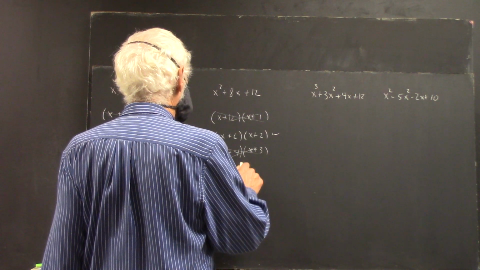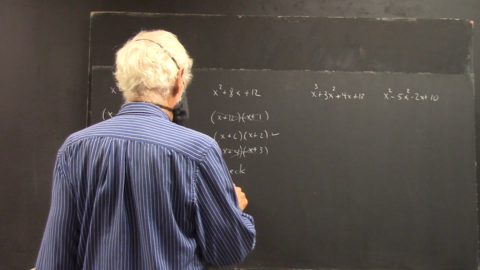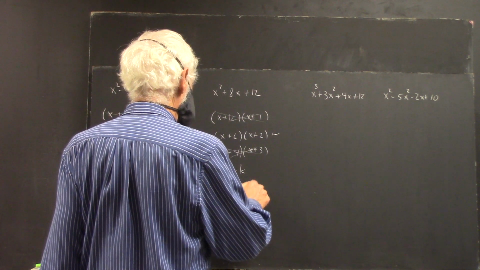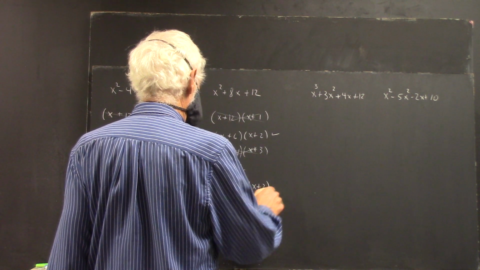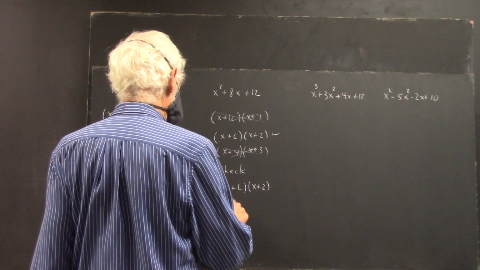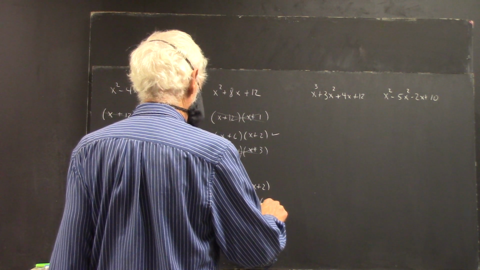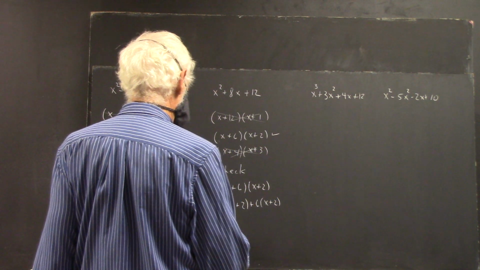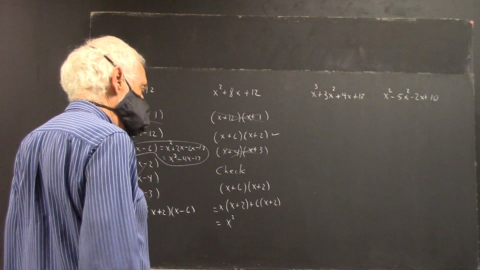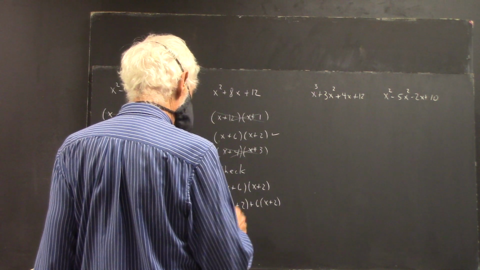Then we check to be sure. That's straightforward. We write out the distributive law and then we distribute once more.